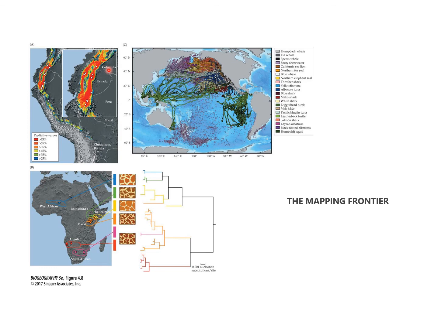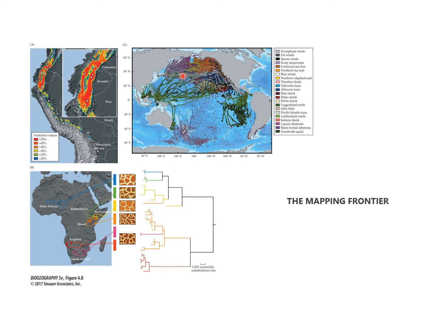Another area where this is really useful is climate change. If we have some idea of what's going to be happening in the climate, or we want to look at different potential scenarios of climate change, we can predict out into the future and say, okay, if conditions are like this, where might that species go based on where it's located now.